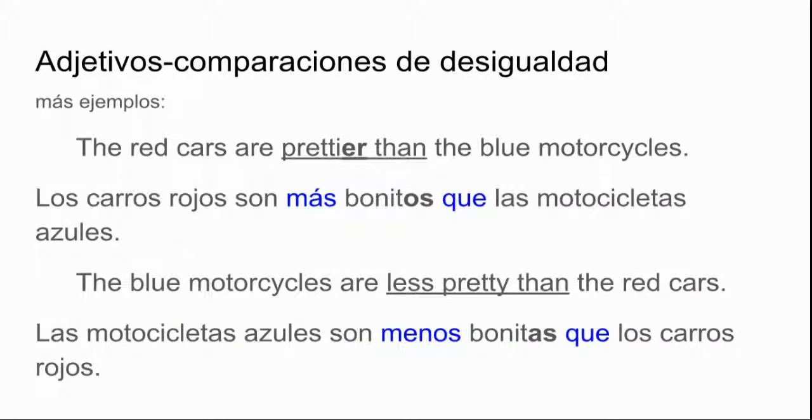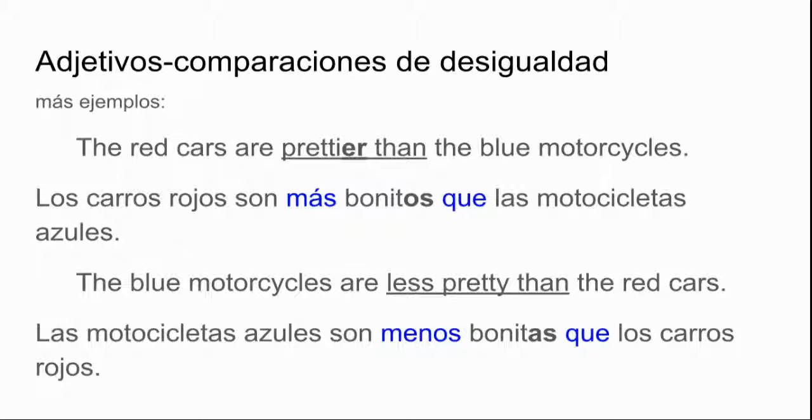Más ejemplos, more examples. The red cars are prettier than the blue motorcycles. Remember, we're going to change prettier to more pretty. And so we'd say, los carros rojos son más bonitos que las motocicletas azules. Notice, bonitos is going to agree with los carros rojos because that's the subject.